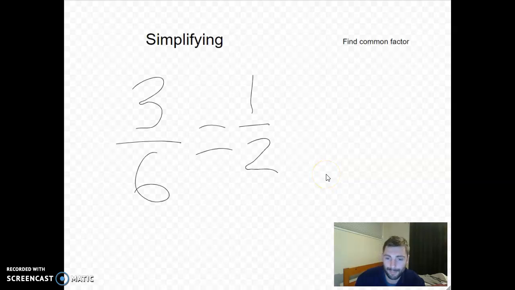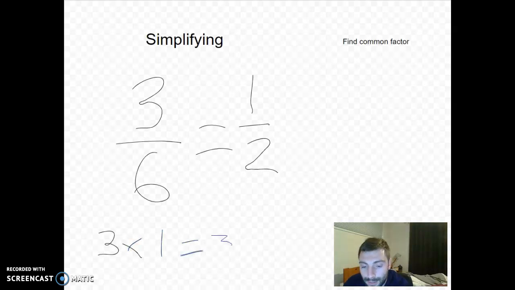A common factor is a number that can times into both the top and the bottom number. So is there a times table that is common for 3 and 6? Well, yes, there is. 3. 3 times 1 equals 3, and 3 times 2 equals 6.